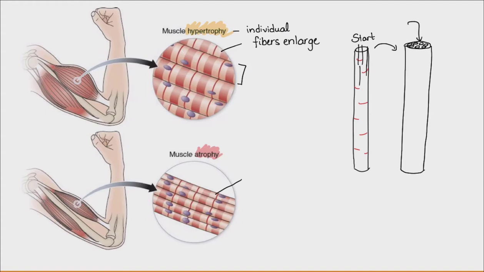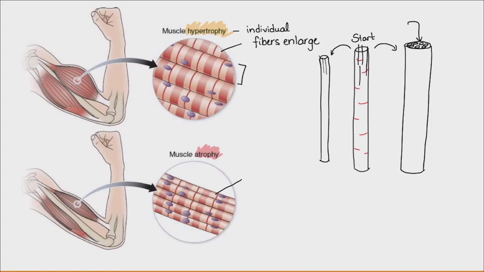And atrophy is exactly the opposite. Under atrophy, the fibers get really small, the myofibrils get really small, and therefore the entire fiber shrinks. So again, it's not usually a reduction in number of cells.